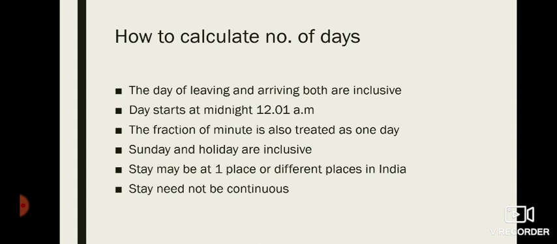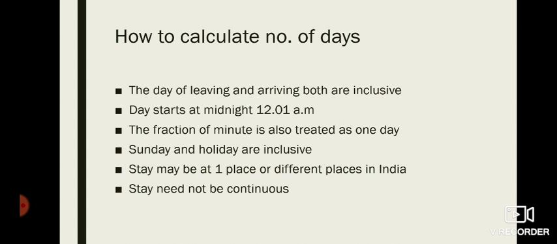Next, stay may be at one place or different places in India. 1st Jan to 31st Jan I was not there in India, but the rest of the days I was there in India. Let us assume for 10 days I was in Belgaum, 20 days I was in Bangalore, and 100 days I was in Delhi. So 130 days I was there in India.